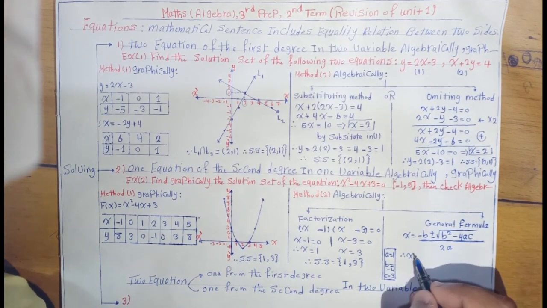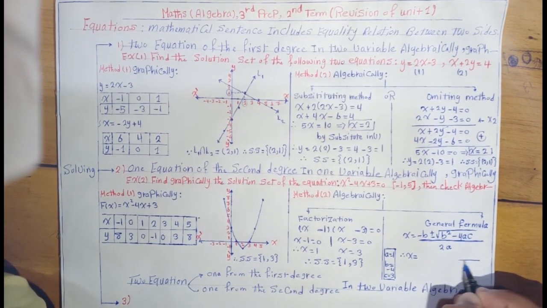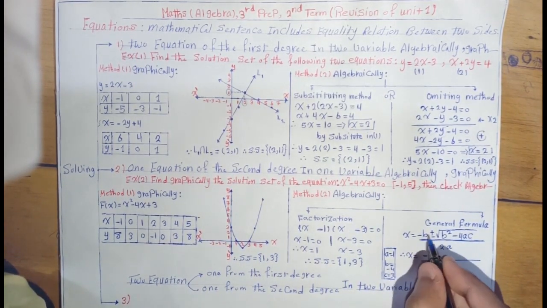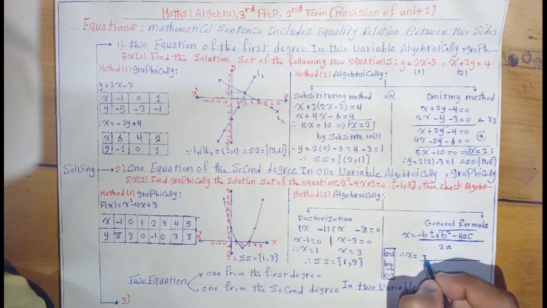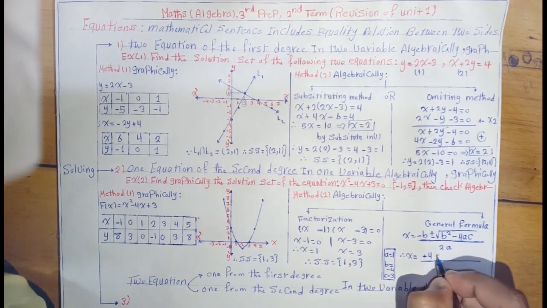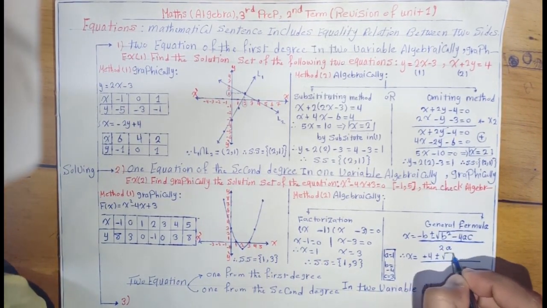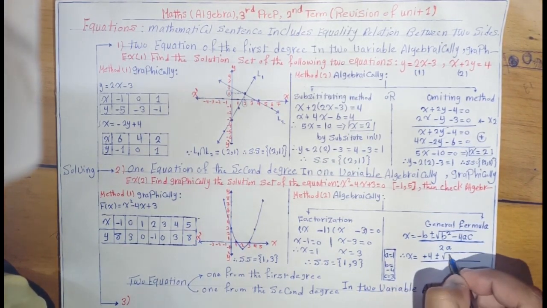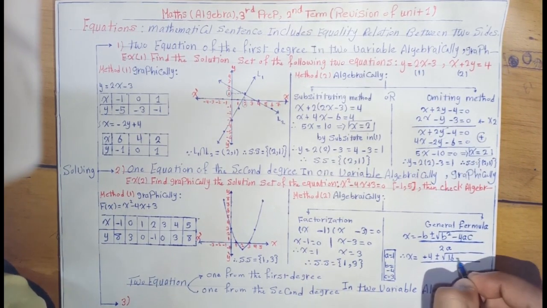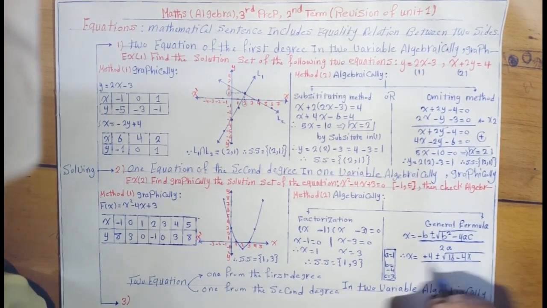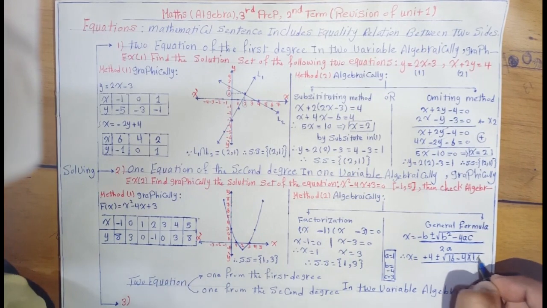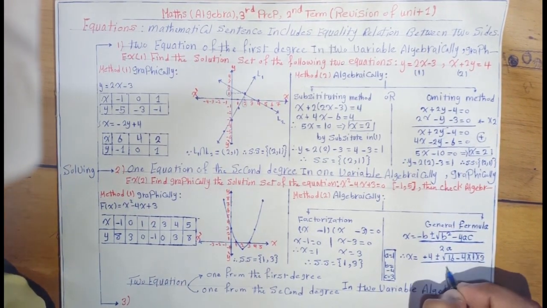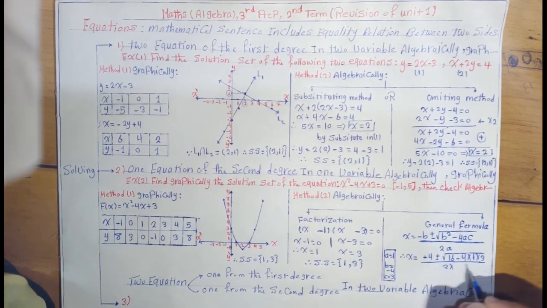Now, by substituting, negative b, negative 4, equals positive 4, plus or minus the square root of b squared, negative 4 squared equals 16, negative 4 times a equals 1 times c equals 3, over 2 times a equals 1.